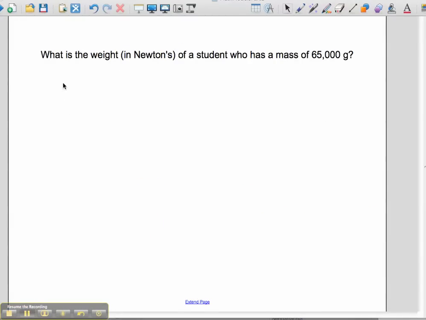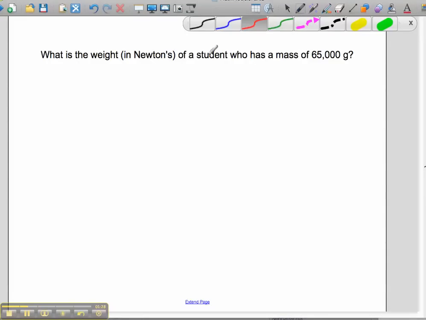Alright, so what's the weight of a student who has a mass of 65,000 grams? By the way, that's not unusual for a larger high school student or so. Our mathematical model was weight equals 0.01 times the mass.